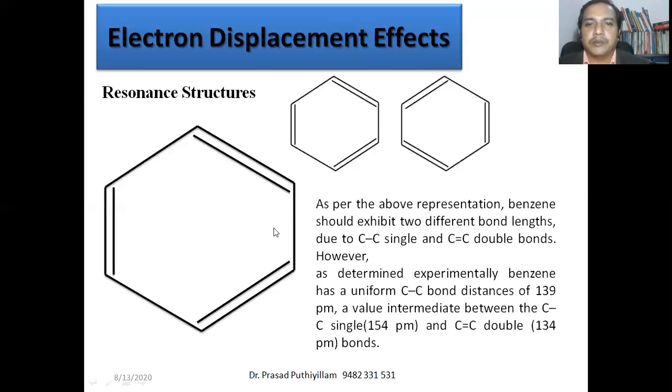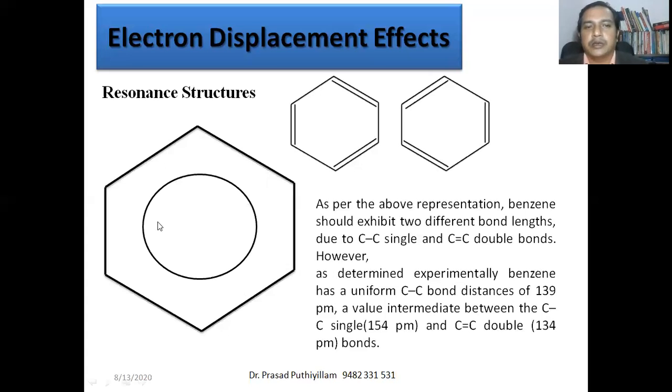That means we cannot represent the benzene molecule as either case 1 or case 2. We have to combine these two, and that is the representation with a circle inside the hexagon. This should be the actual representation of benzene.